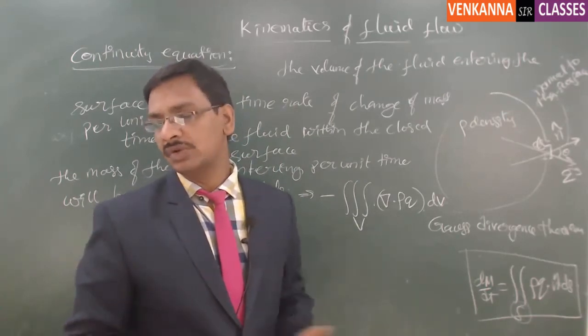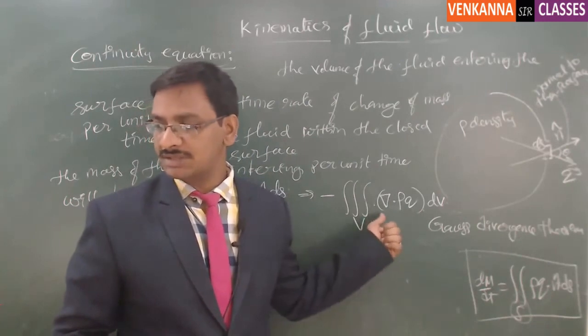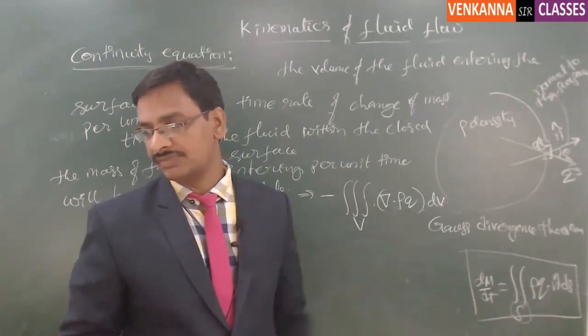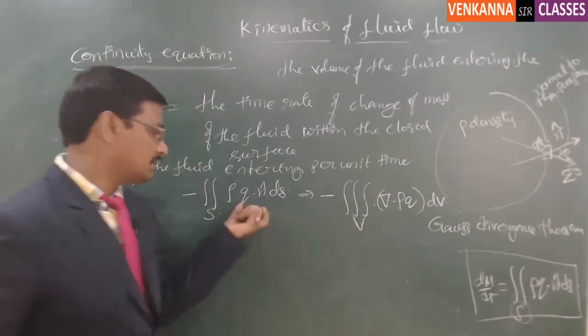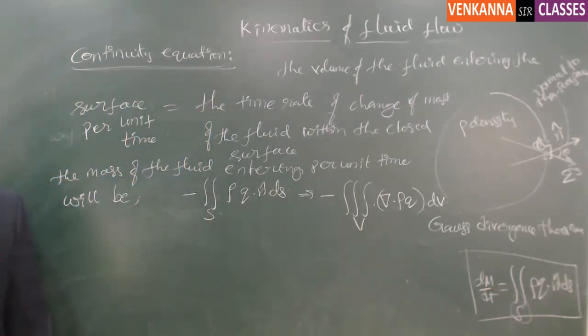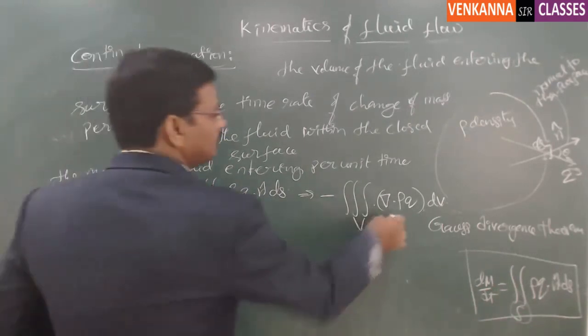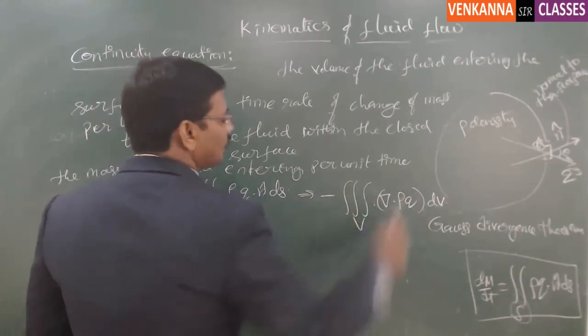That means you cannot compress it anymore. I explained yesterday that based on del dot only we have decided that. So how much effectively it is compressed, the same thing should be equal to the volume that is entering. So from this, it is minus triple integral over the volume del dot rho q dV.